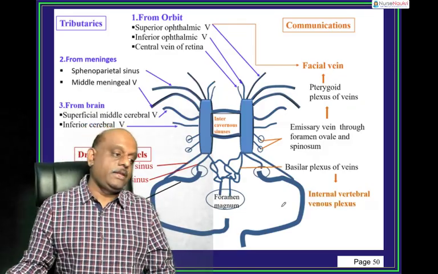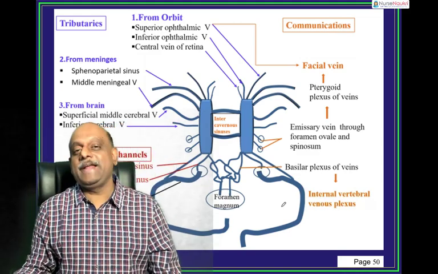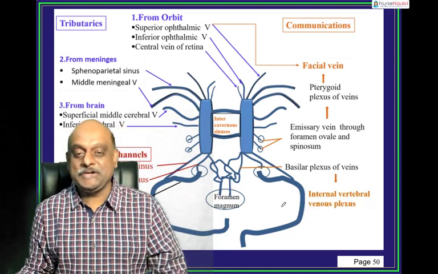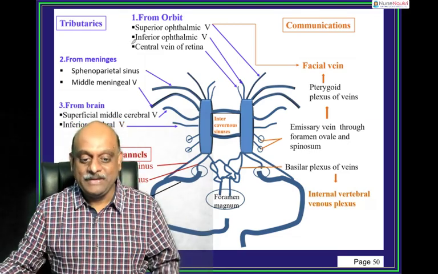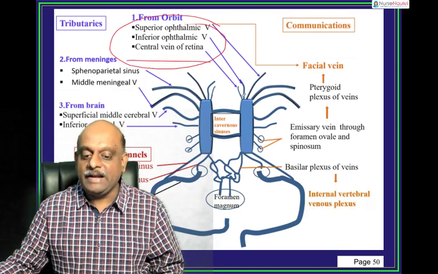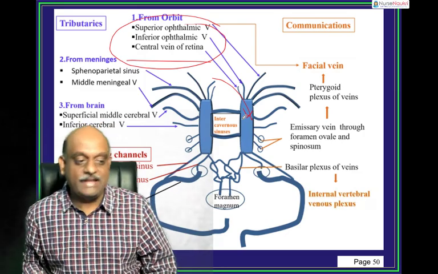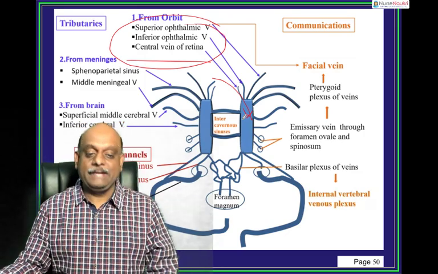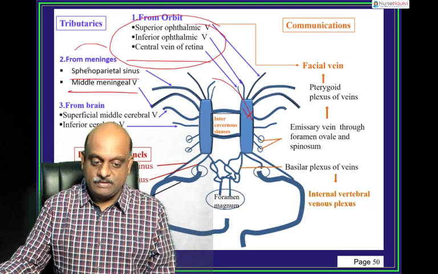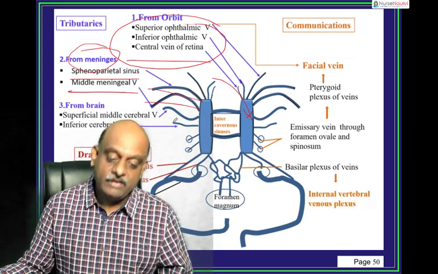So doctor, this is the favorite short answer question in the anatomy days. My God, scary question. Write short notes on the cavernous sinus. So be very sure. Superior ophthalmic vein, inferior ophthalmic vein and central vein of the retina, all these things come and merge inside the cavernous sinus. Then the middle meningeal vein, sphenoparietal sinus from the meninges merge with the cavernous sinus.